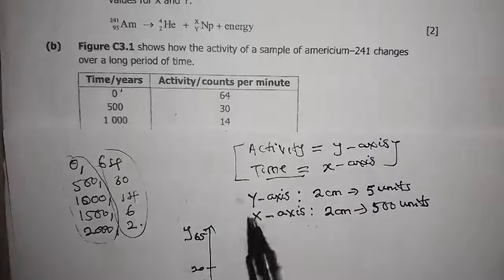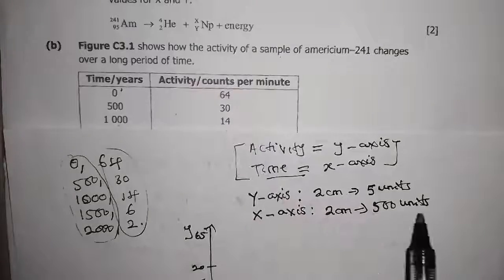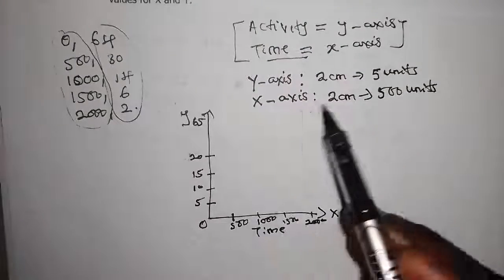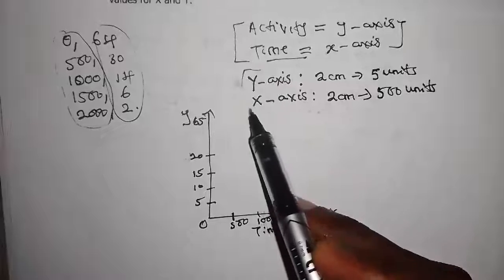But we know that the highest number on the counts per minute is 64. So the key thing is to follow the scale.